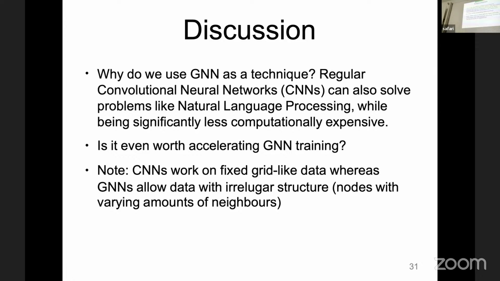But we also have to keep in mind that CNN only works on fixed grid data structures, whereas GNNs allow arbitrary data, which could be unsorted or nodes with different neighboring lists. So is it even worth doing it on GNN, or maybe should we just scrap this and try to solve as many things as possible with other structures instead of graph neural networks?